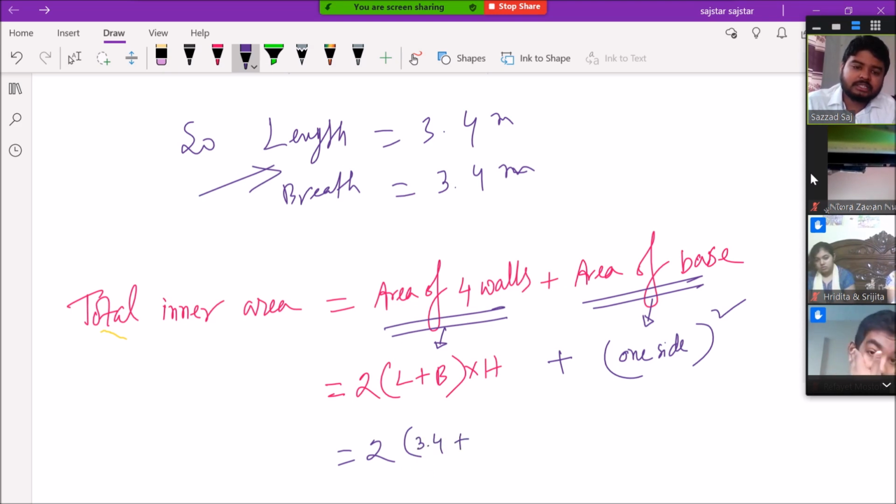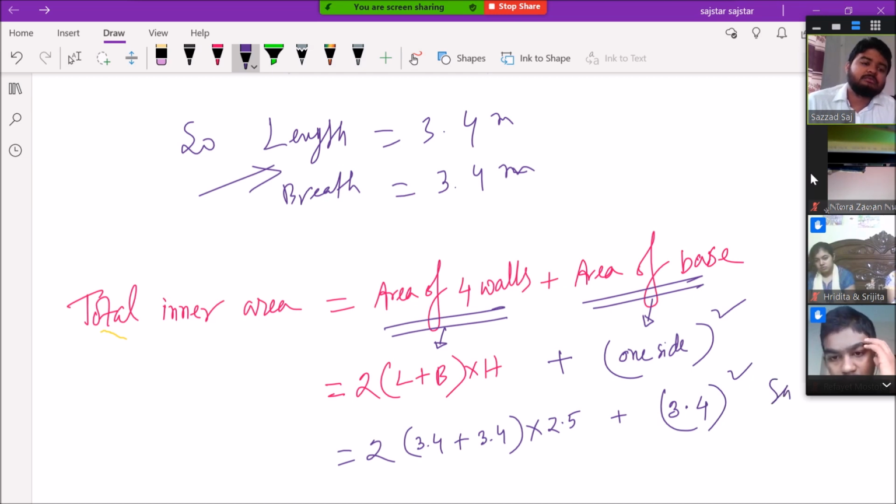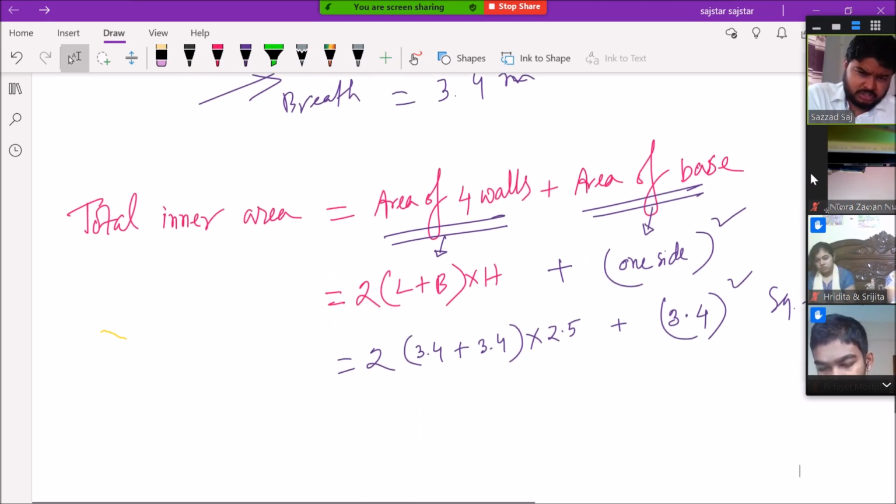What is the breadth here? 3.4. What is the height given? Height is given 2.5. And the one side also 3.4. Now calculate please everyone and tell me the answer. If you have any question please raise hand.